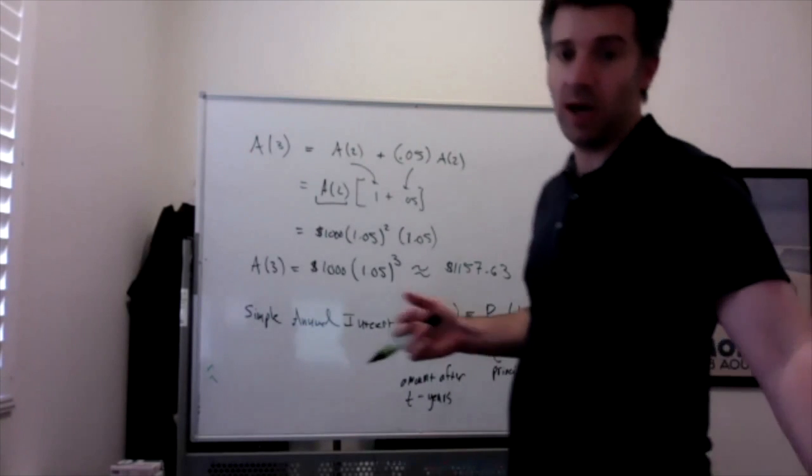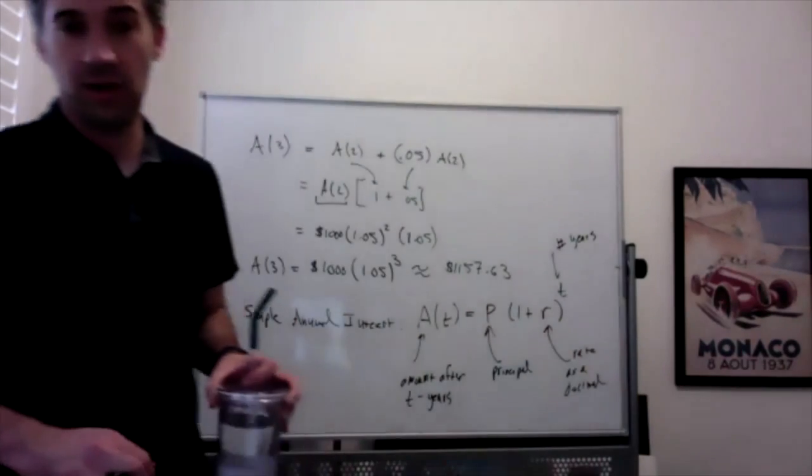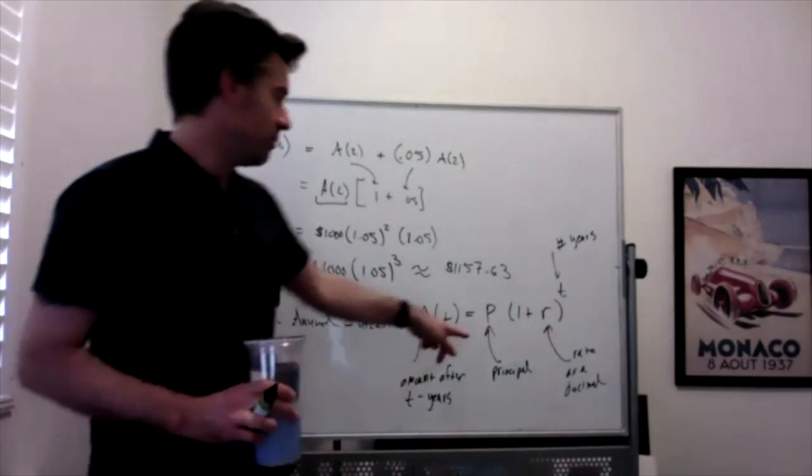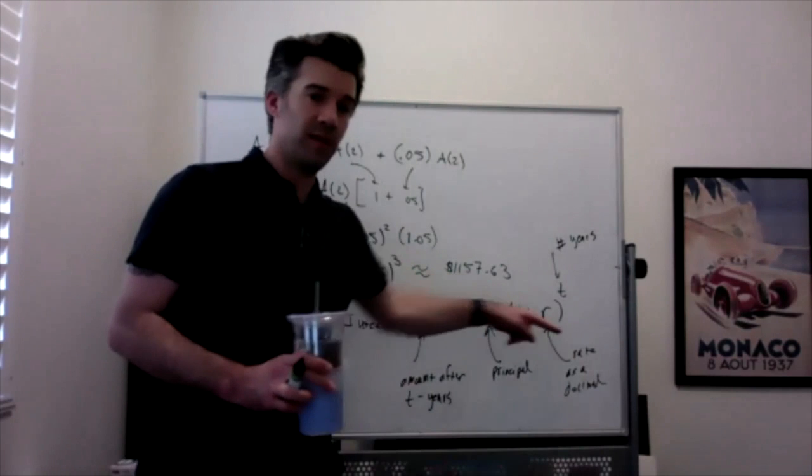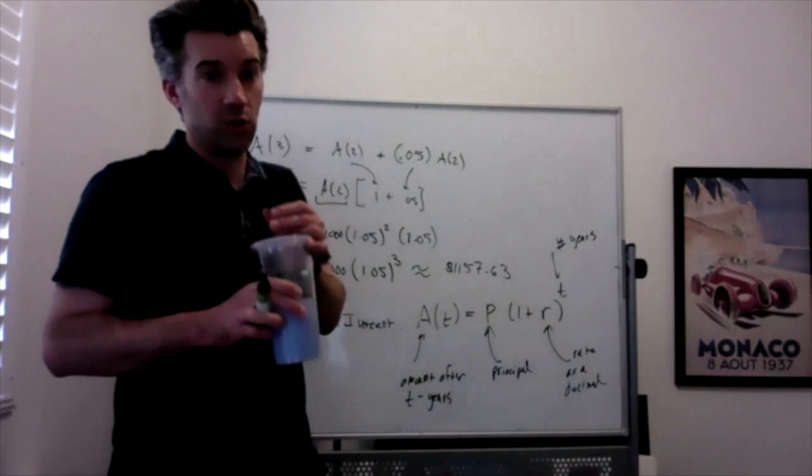So that is how you calculate how much money you'll have after T years if you've invested some principal at some interest rate that's compounded yearly.